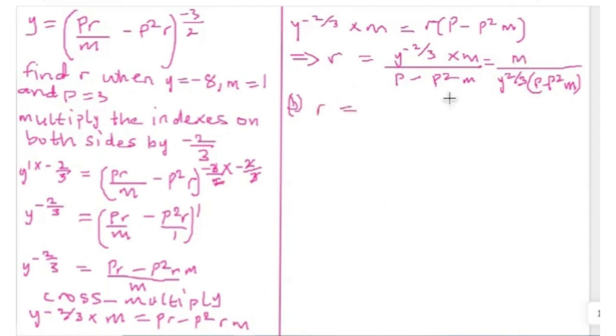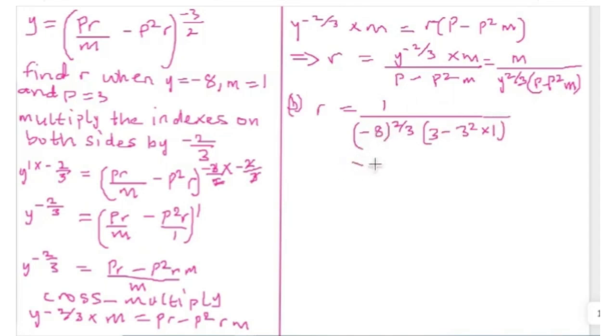So that will give us r equals, I'll be using this expression, m, 1, divided by y raised to power 2/3, that gives us (−8) raised to power 2/3, times, open that bracket, p is 3, so we substitute 3 for p, minus p squared, which is 3 squared, times m is 1, so that is times 1.